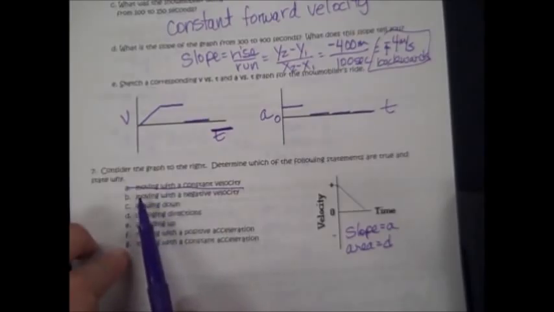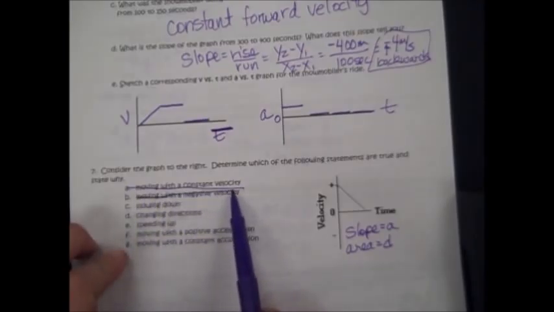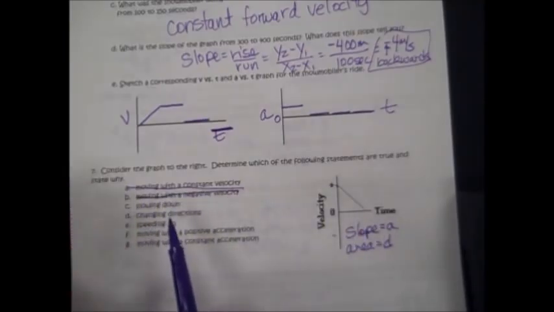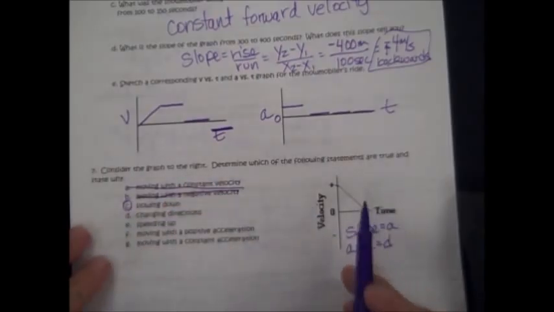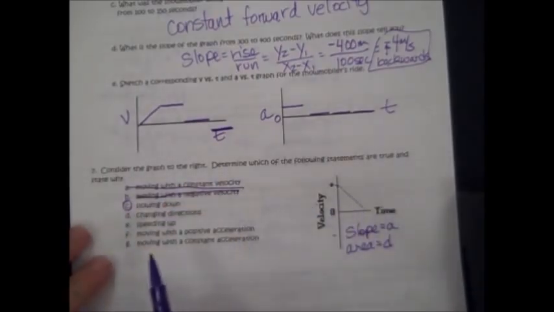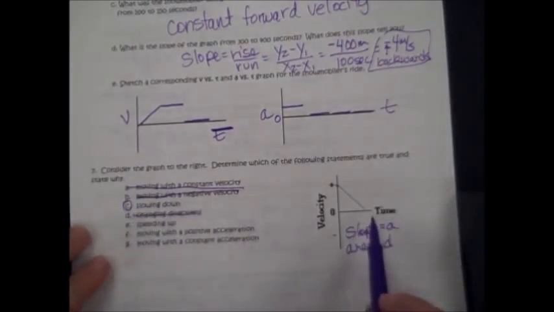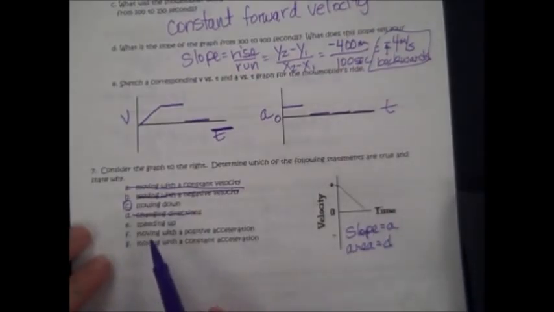Is he moving with a negative velocity? No, he's changing his velocity. Is he slowing down? Yes, his velocity is going from some value to 0. Is he changing directions? No, because he hasn't actually gone below into a negative velocity direction.